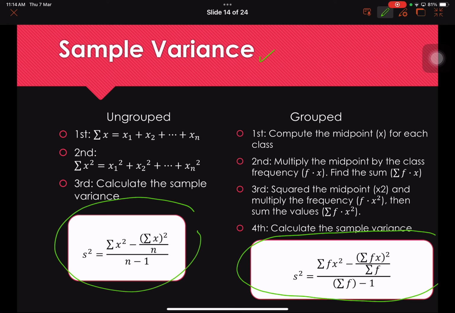So the first one, we have S squared equals the summation of x squared minus the summation of x, squared, divided by n, all over n minus 1. That is the formula. What is this one? Summation of x squared.